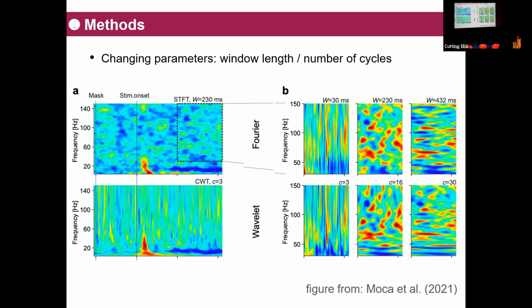Now what is shown on this side is a zoom into this region, and the parameters are varied. The length of the segments is varied here, and the number of cycles of the wavelet is varied here. And you can see that it has a systematic influence on the appearance of the time frequency representation.